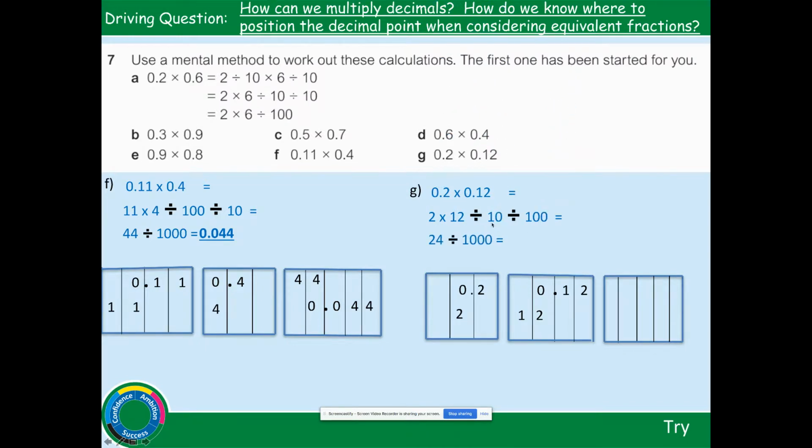Divide by 1,000. Remember, I've got 1, 2, 3 zeros, so I'm going to divide by 1,000. If I put my 24 in my grid over here, we're going to move over 3 places for 3 zeros. 1, 2, 3, 1, 2, 3. Fill up with a 0 and a 0. 0.024 is your final answer. Okay, remember, anytime, just press pause and fill in what you need to fill in, and then press play again.